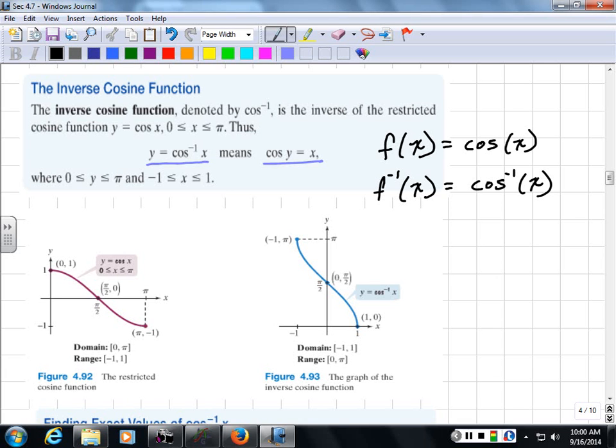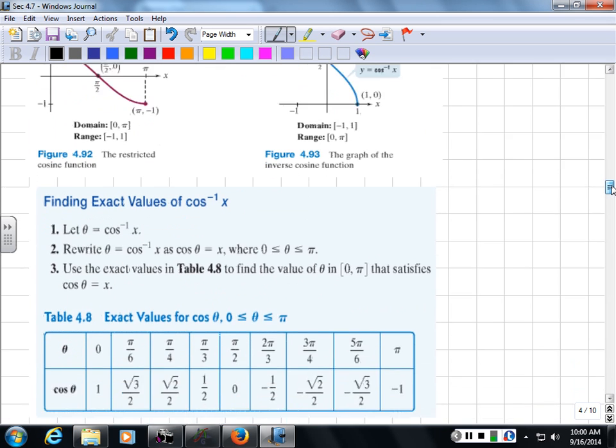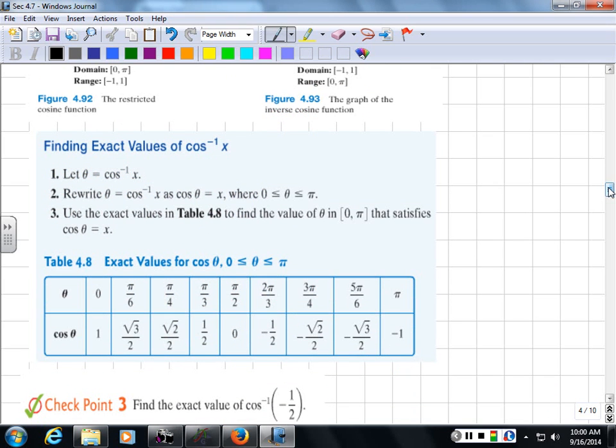The same concepts apply to finding exact values, except in this case, I've got to know my cosine values for the unit circle. If theta is between 0 and pi, we're going to go by pi over 6 or 30 degrees, pi over 4, 45 degrees, pi over 3, 60, and so on.